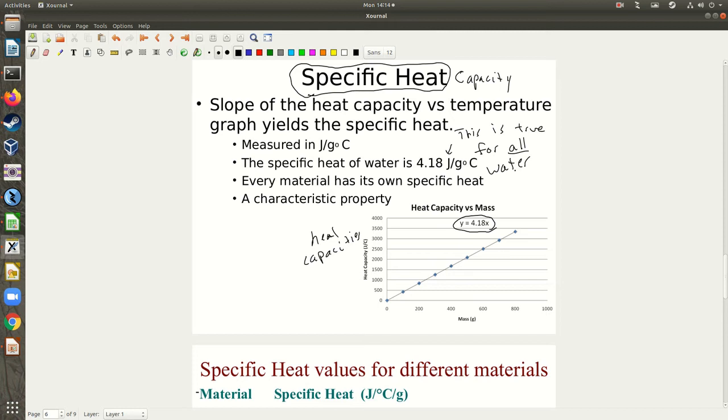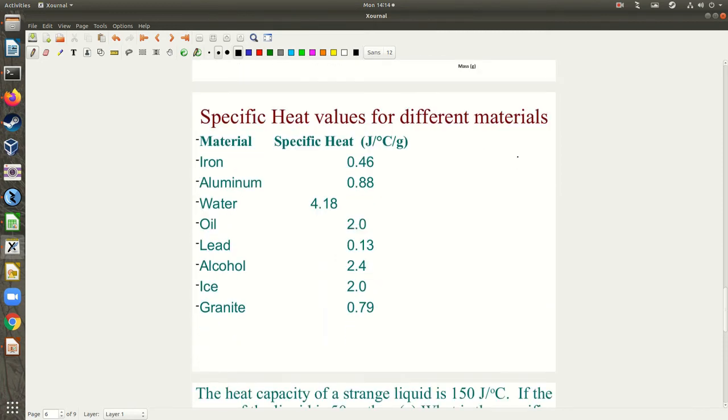Every material is going to have its own specific heat. So water is 4.18, but iron is going to be... Okay, let me not talk about this. Let me go here. It moved away. I'm sorry. Iron is 0.46. Your aluminum is 0.88. Lead is 0.13.